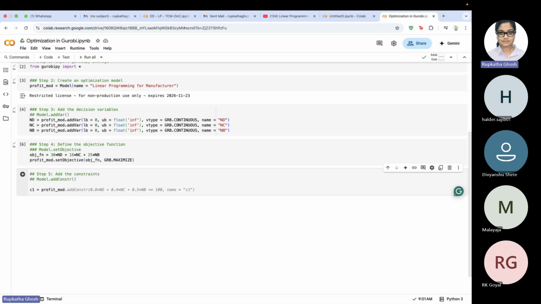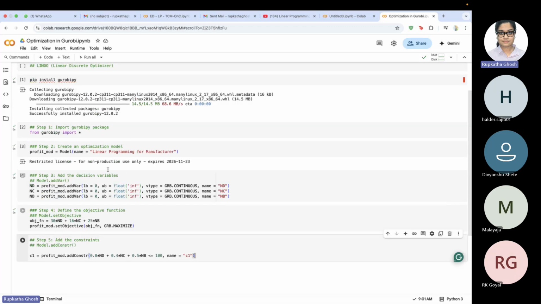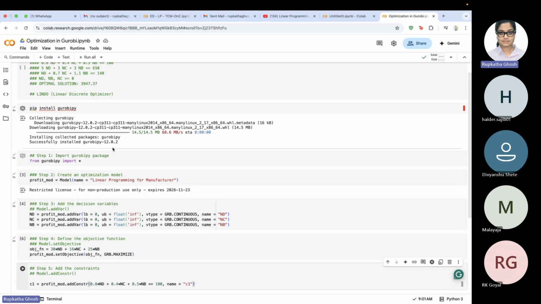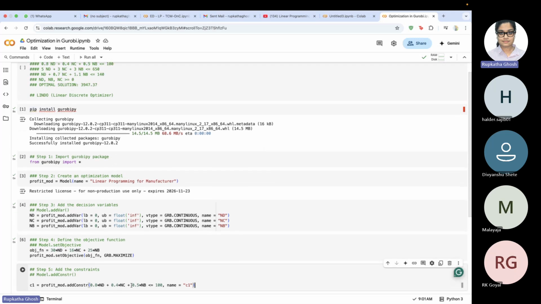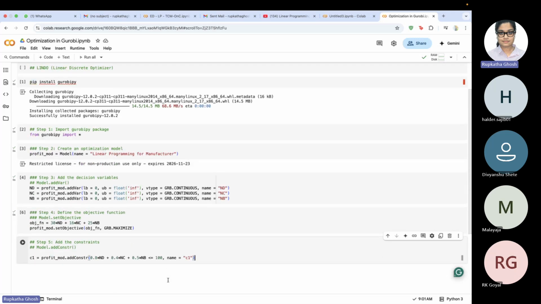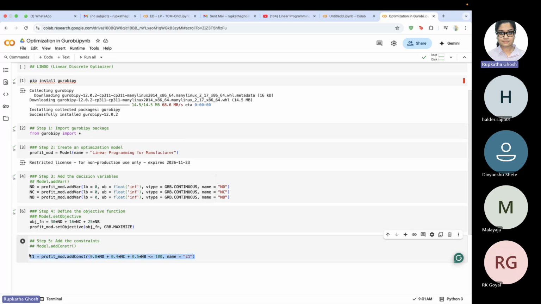Profit mod dot add constraint. See, now it has taken it. My first constraint was 0.8 ND plus 0.4 NC plus 0.5 NB less than or equal to 100, and the name is C1. Likewise, I add the other two constraints.